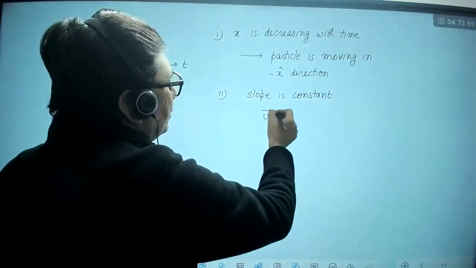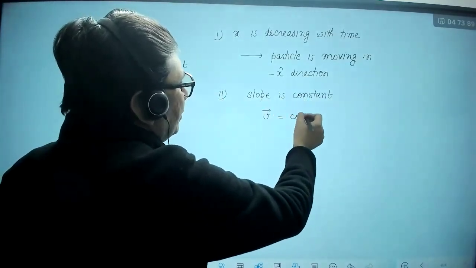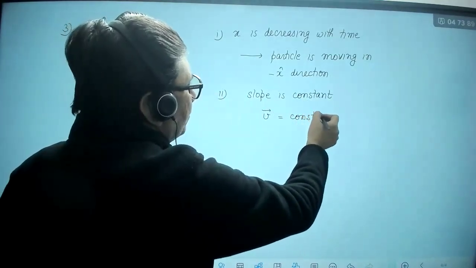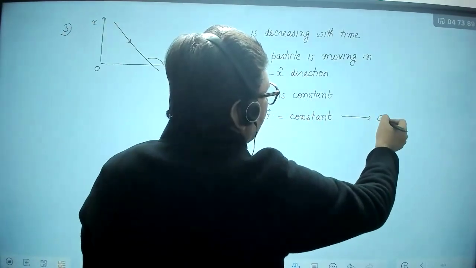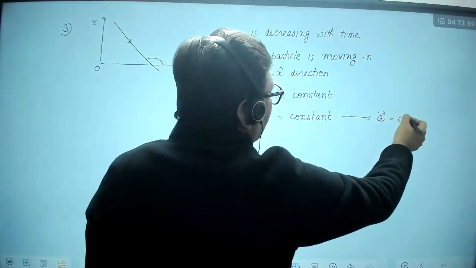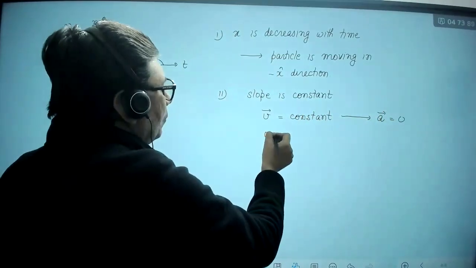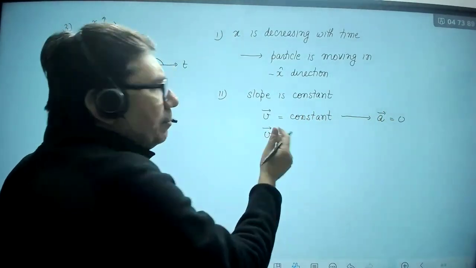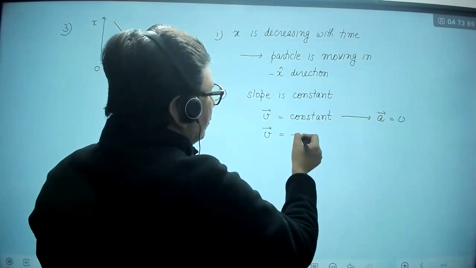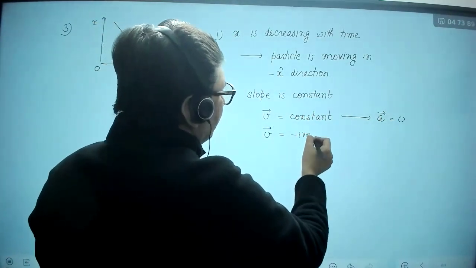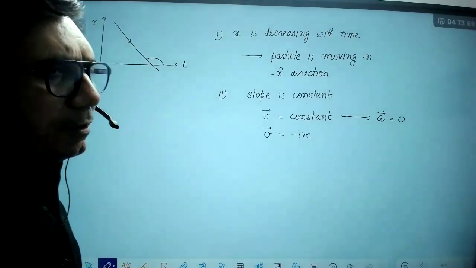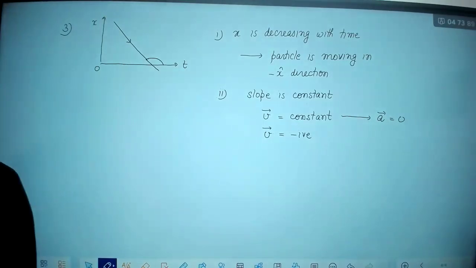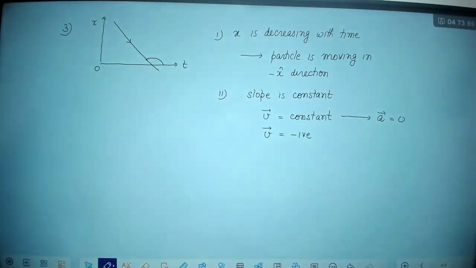Velocity is again constant. If velocity is constant, acceleration is 0. And another important thing is, because the particle is moving in minus x cap direction, velocity is negative. This is another type of graph. So these conclusions we can draw from this graph.